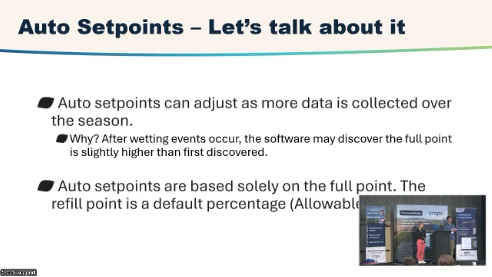But just keep that in mind, we had some questions last year. It was mid to late season, and I think finally somebody got some rain that they hadn't gotten prior to that, and a new set point was established. I don't know what to tell you other than your soil held more water.